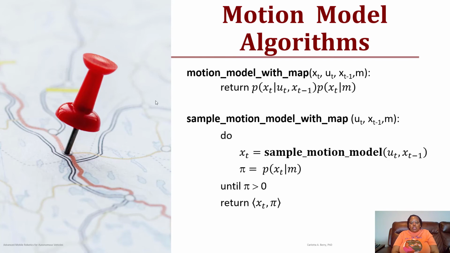And then the sample motion model with the map has an input of ut, xt minus 1 and m, where you then use the sample motion model first to find xt, which is ut, xt minus 1, and then you find a value pi equal to the probability of xt given the map, and if pi is greater than 0, then you return xt, pi. And this concludes our final discussion on motion modeling.